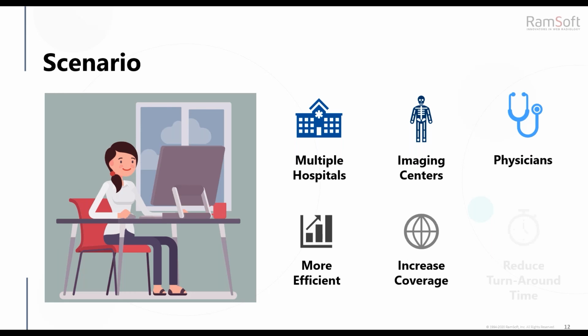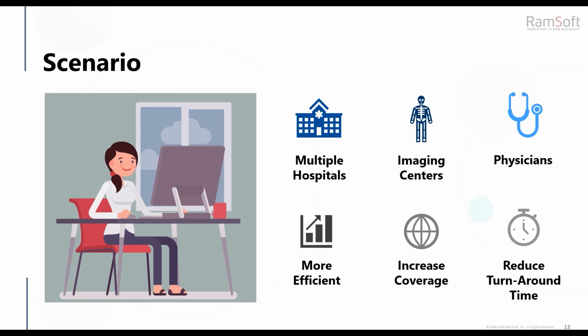So let's talk about a scenario here. One of my previous slides had mentioned how we can take a simple unified work list to the next level with HL7, scripting, and other methods. So think about this scenario. You're a private radiology practice with multiple hospital clients, imaging centers, etc. Your radiologists are presently reading on a variety of disparate systems in these hospitals and imaging centers, and I see them having to travel from one location to the other, right?